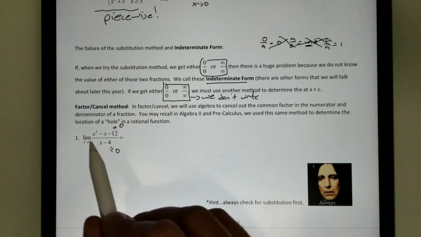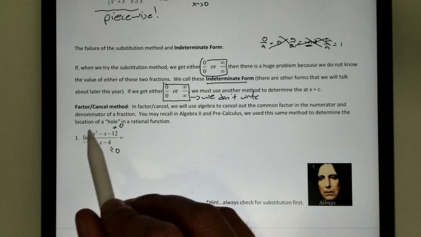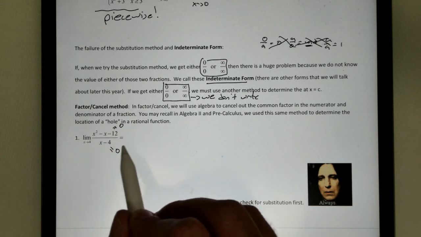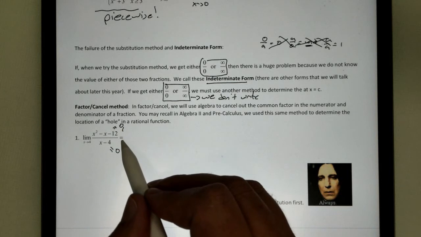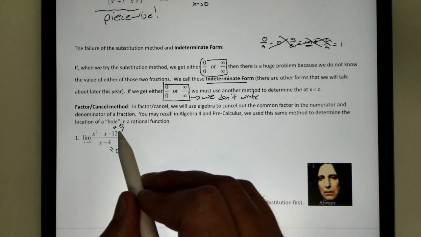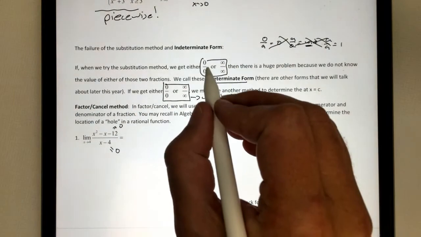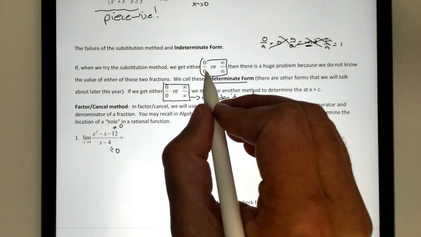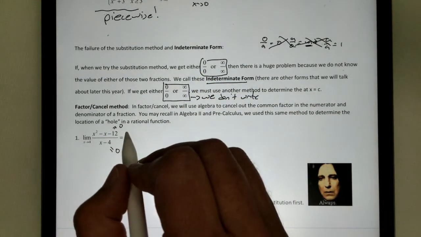Now, when we get to L'Hopital's method, we're going to talk about a much more formal method for writing this. Right now, we just want to kind of get around it. We can say equals 0 on top, 0 on bottom. But notice, did I write 0 as a fraction over 0? I did not. So we can't write it this way, but I can kind of get away with it that way.